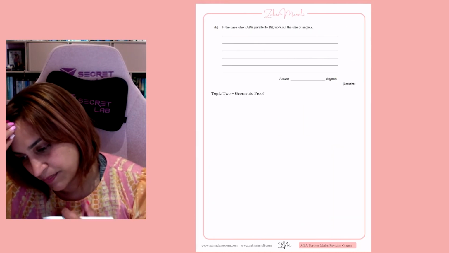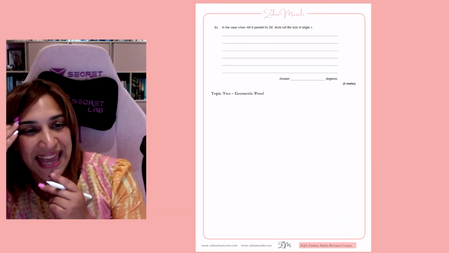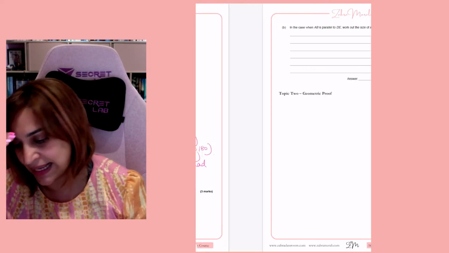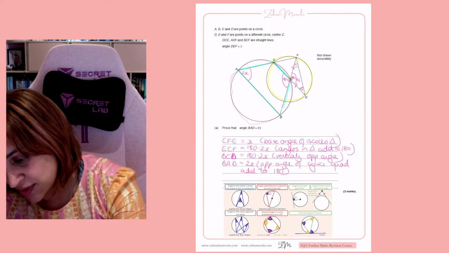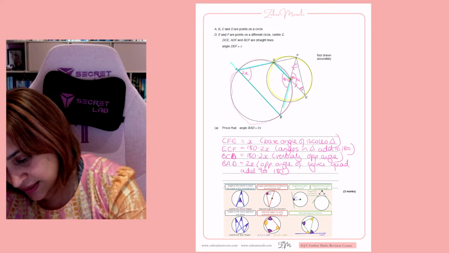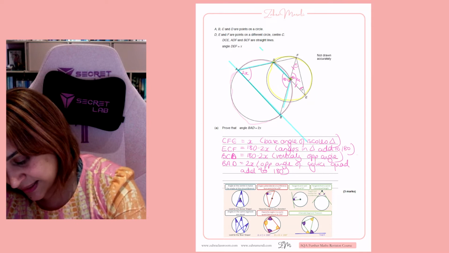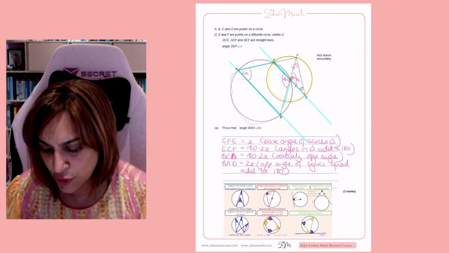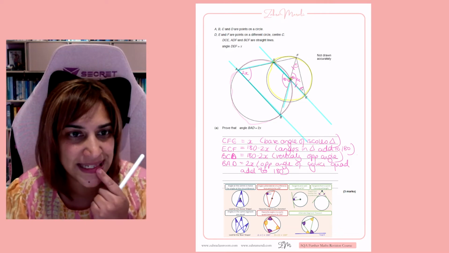All right, part B, it says, in the case when AB is parallel to DE, work out angle X. So we're now told that AB, right, so I'm going to take this line here, it's parallel to this line here, and we want to work out X. Okay, what do we notice about DE?